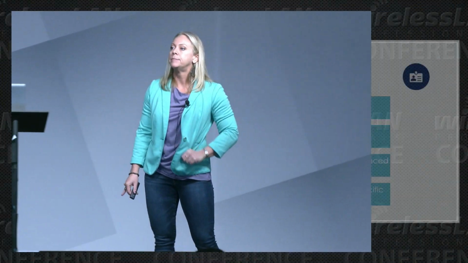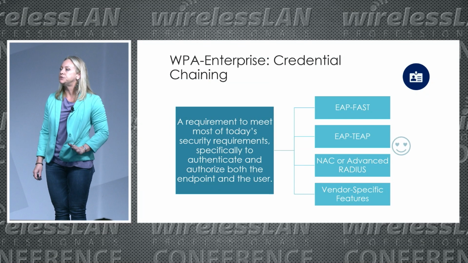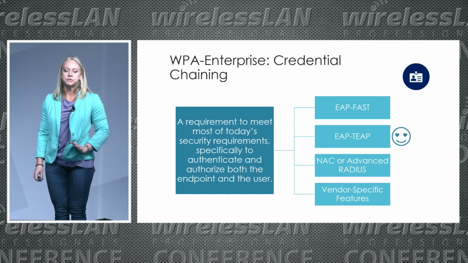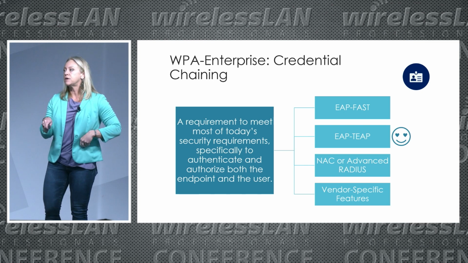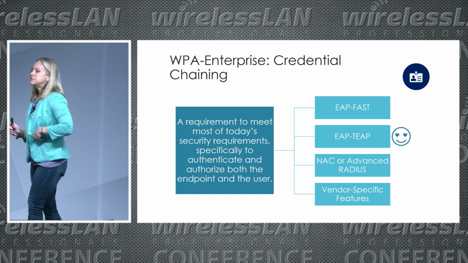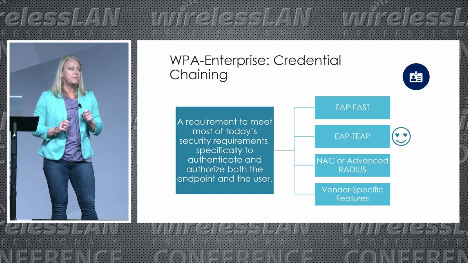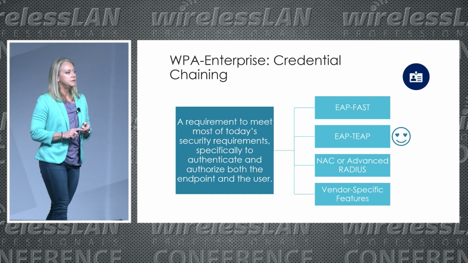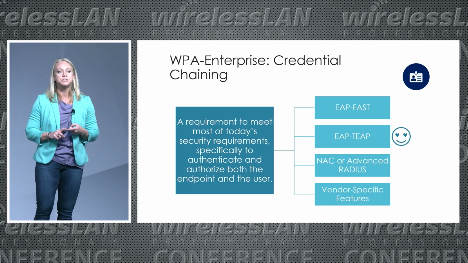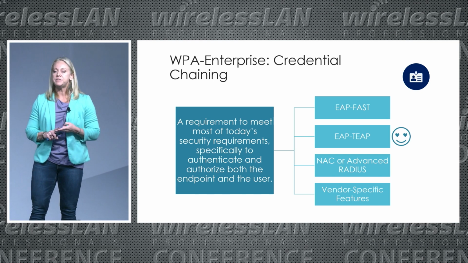Somebody asked about credential chaining. I'm not going to go into this too far. These are the four ways you can do credential chaining. I did talk about this a little bit in my last talk here, in 2020, as well as certificate chaining. EAP-FAST uses something like a little token that goes on the machine to do this. EAP-TEAP is a standard.